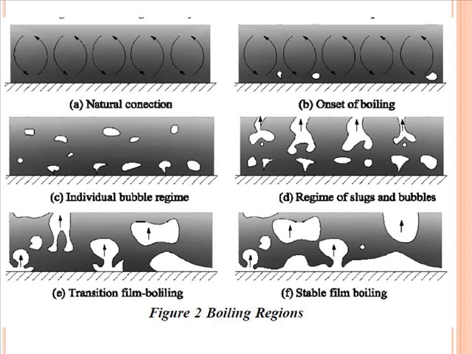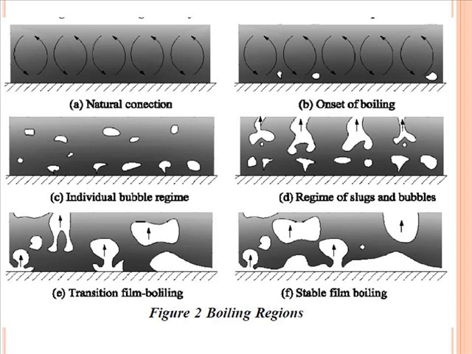Figure number 2E talks about transition film boiling. What happens in that case is, when the heat flux applied is very high, the excess temperature is between 30 degrees Celsius to 120 degrees Celsius. In that case the rate of formation of bubbles is very fast, and it will form one film over the wire which will resist the cold fluid from coming in contact with the wire.